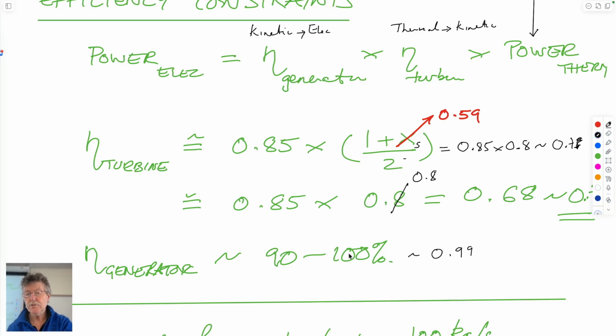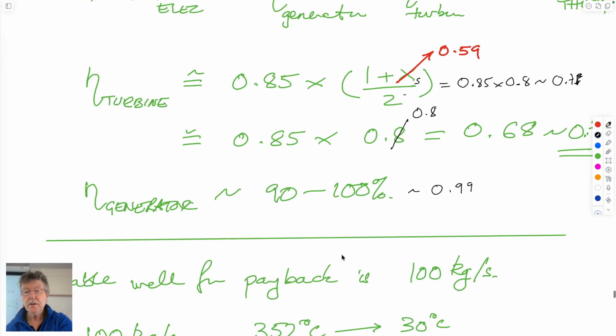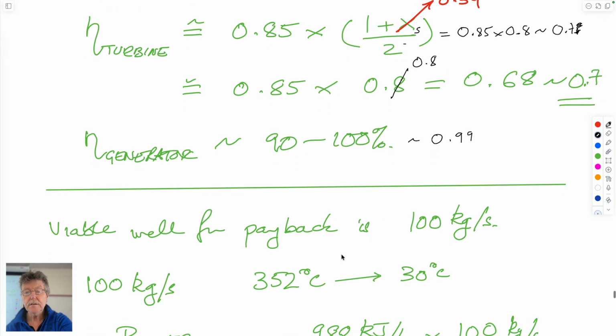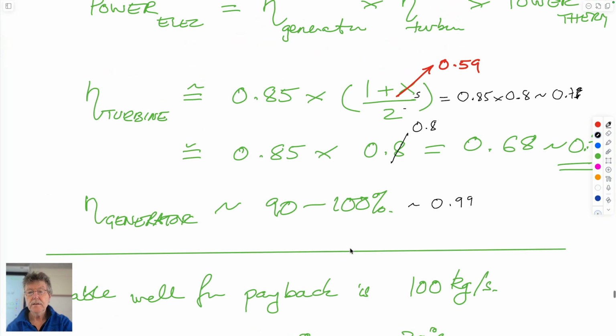There was 98 to 99%. And so if you multiply the total, this would be 0.7.